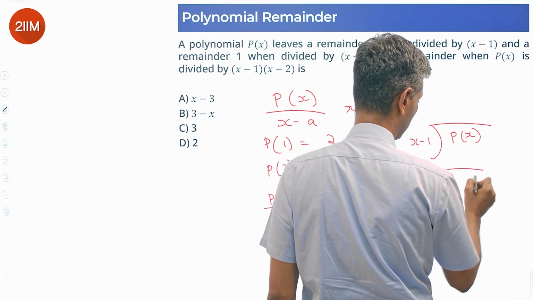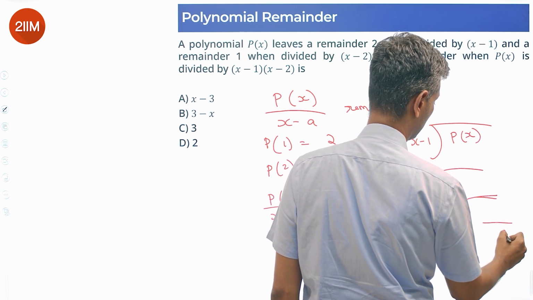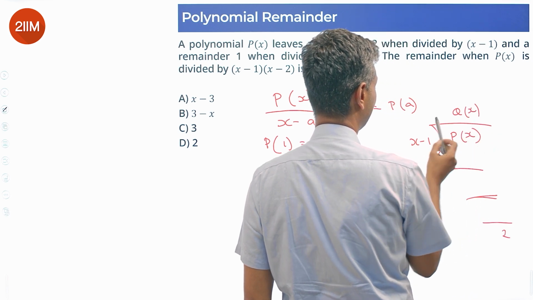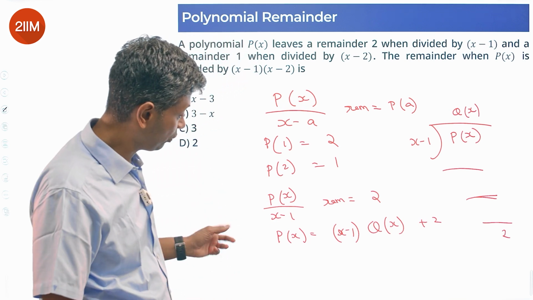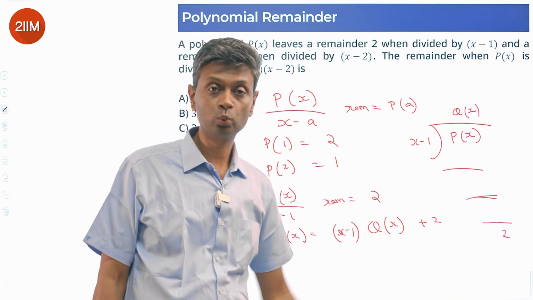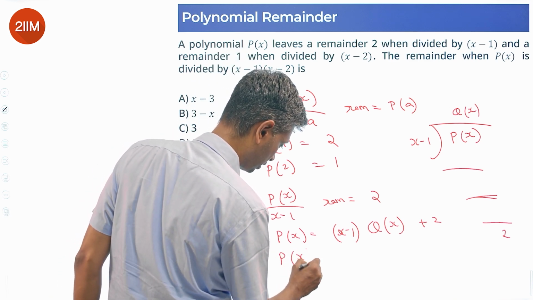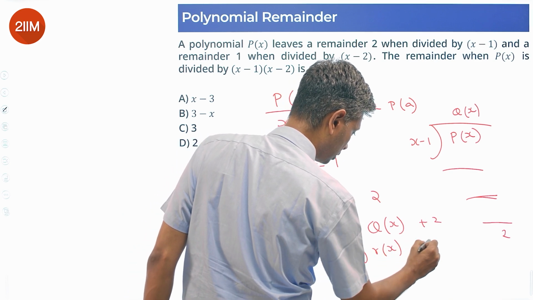You keep dividing, write down all the things, and then finally you get remainder 2. Here there is a q of x. Any number is a divisor into quotient plus remainder. That means p of x is x minus 1 into q of x plus 2. Likewise, p of x is x minus 2 into r of x plus 1.